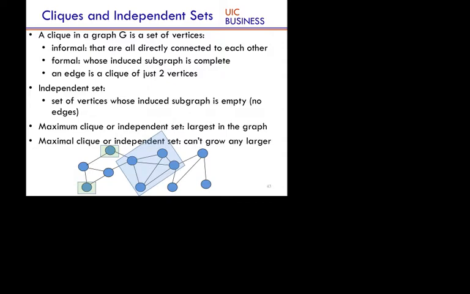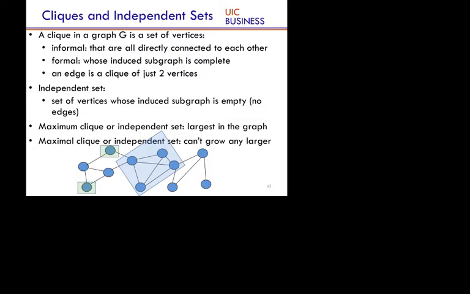Okay. There is also something called a maximal clique. Let's say there's a clique where you have some number of vertices, and you can't increase the number of vertices easily in that clique. Then it's called a maximal clique.